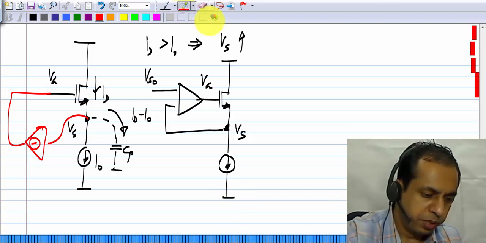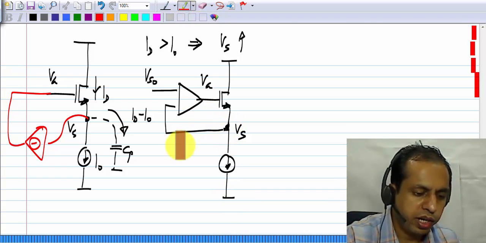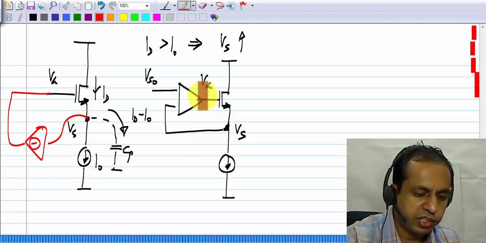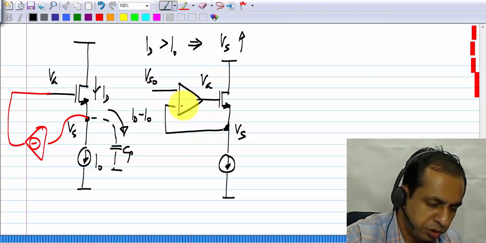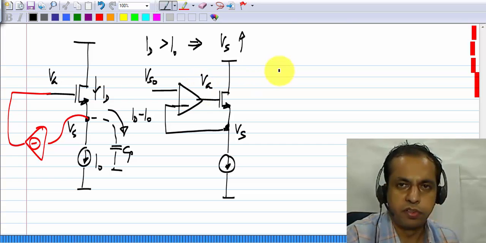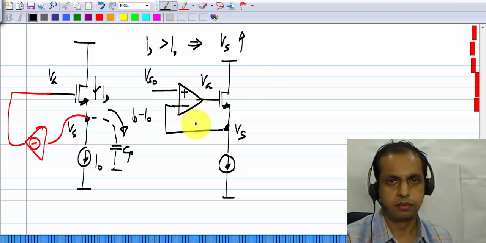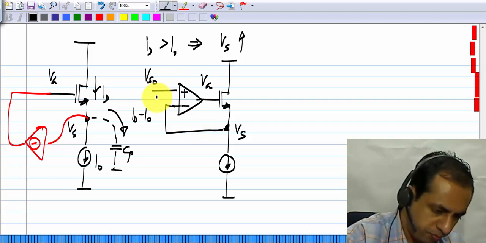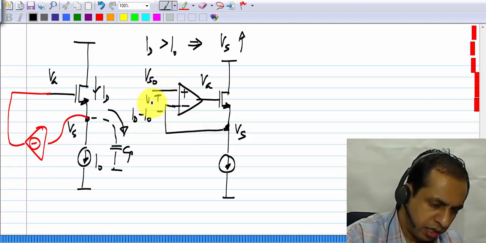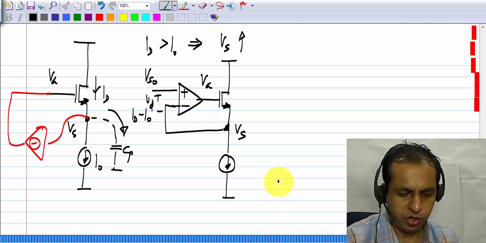Now we know that we want a negative incremental gain between this Vs and Vg, so the signs of the op amp must be like this, and this is the differential voltage of the op amp.